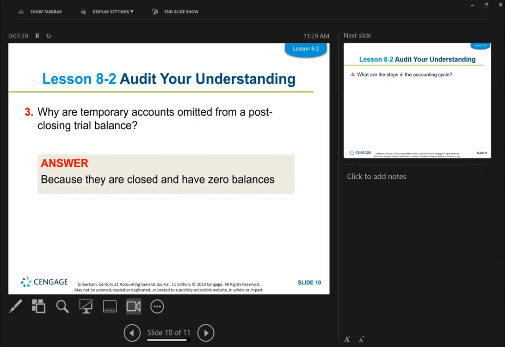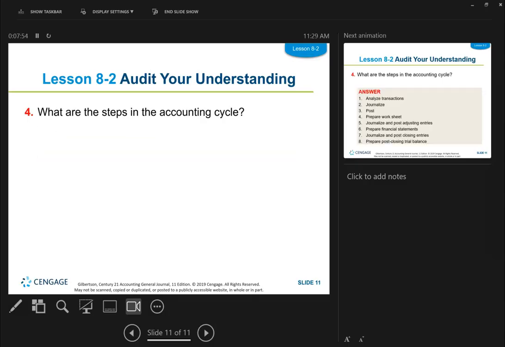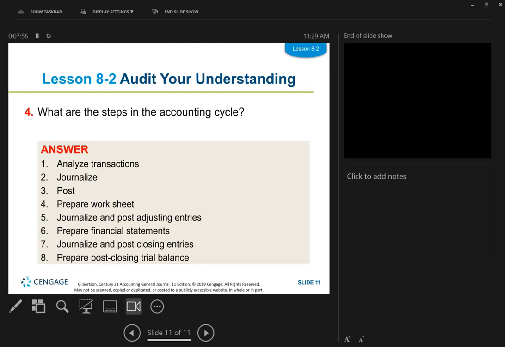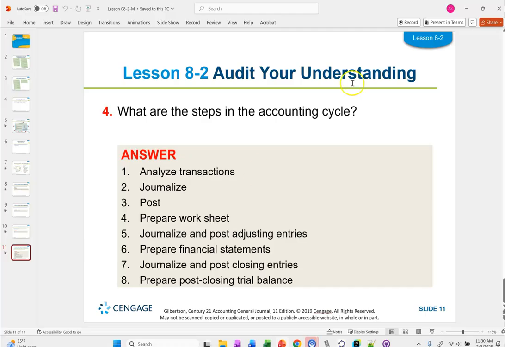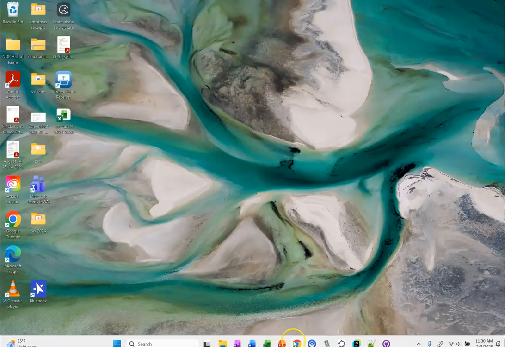Well, they have zero balances because we've already either paid them out or moved that money into the owner's capital account. So the owner's capital is reflective of all those expense and revenue accounts. And then the steps in our accounting cycle are, again, that nifty graphic that we just showed you. I think this is a considerably easier process than what you saw last time.